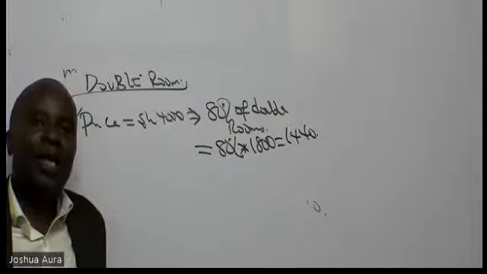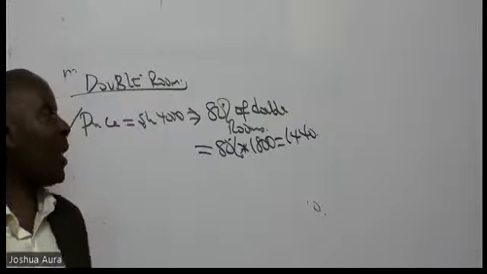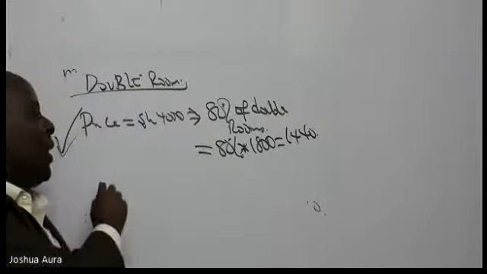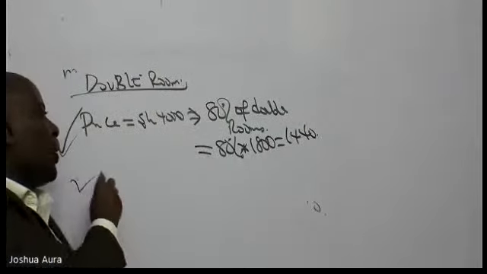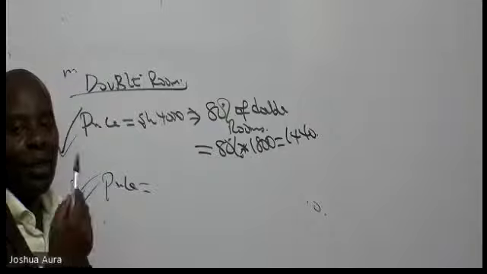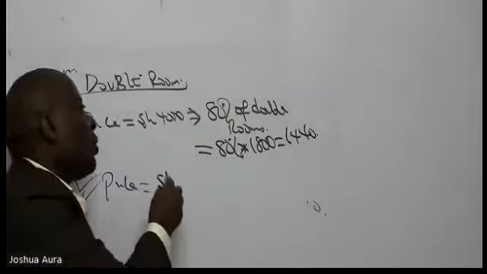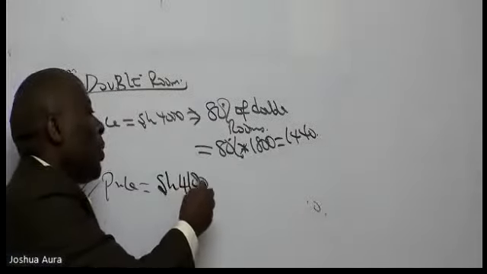A straight line. How many points do you need to be able to define a straight line? You need 2 points. The first price point has been provided. So I'll have to look for the second price where I'll use the information given that if price increases by just 100 bob, I'll talk of shillings 4,100.